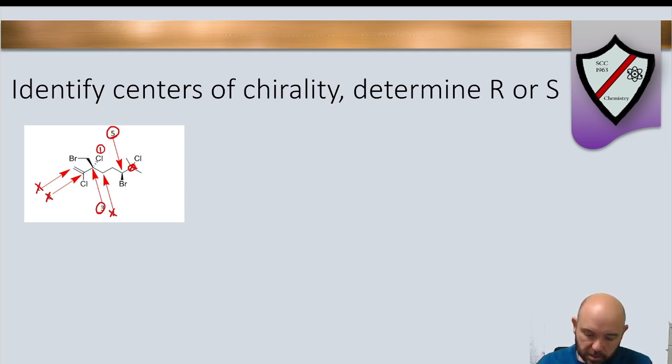And then if I list out the carbons, what the carbons are bonded to on these next few, then I see, if I look at this carbon, its list is bromine, hydrogen, hydrogen.